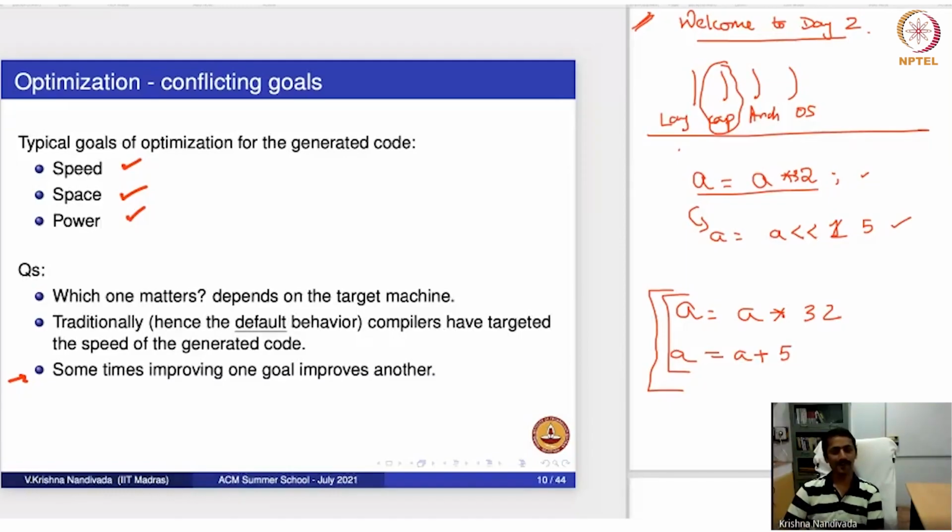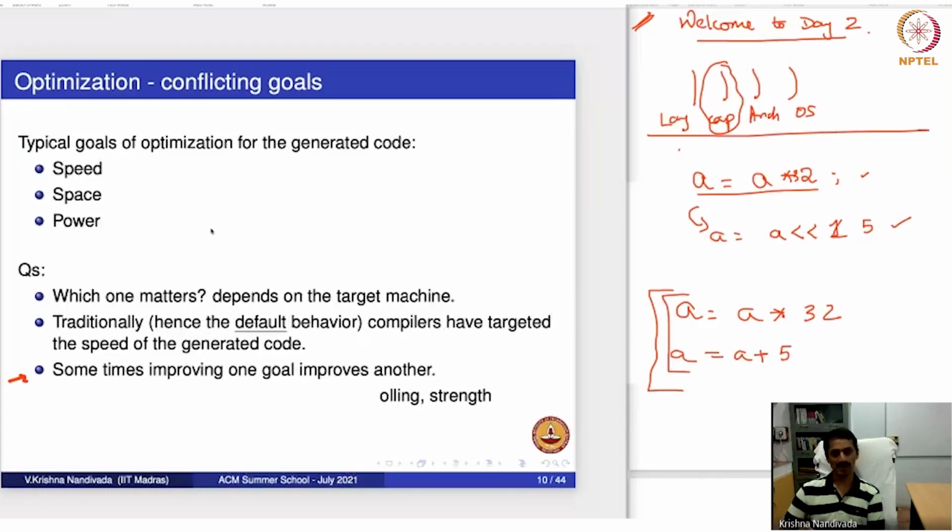Traditionally, the compilers have targeted the speed of the generated code. Sometimes the size of the code as well, but mainly the target is speed.